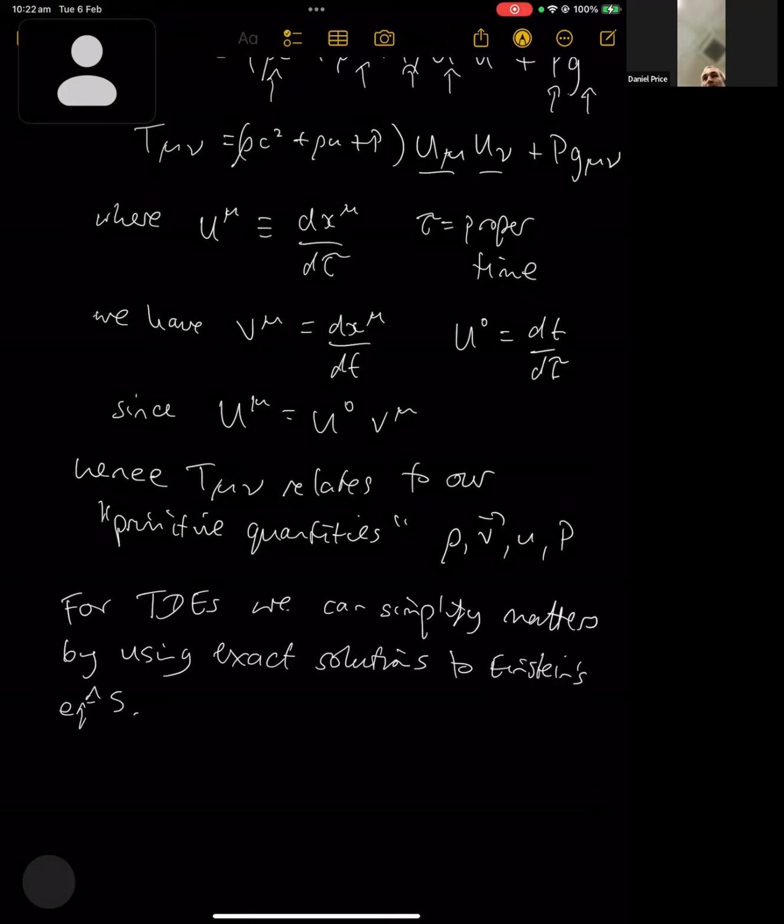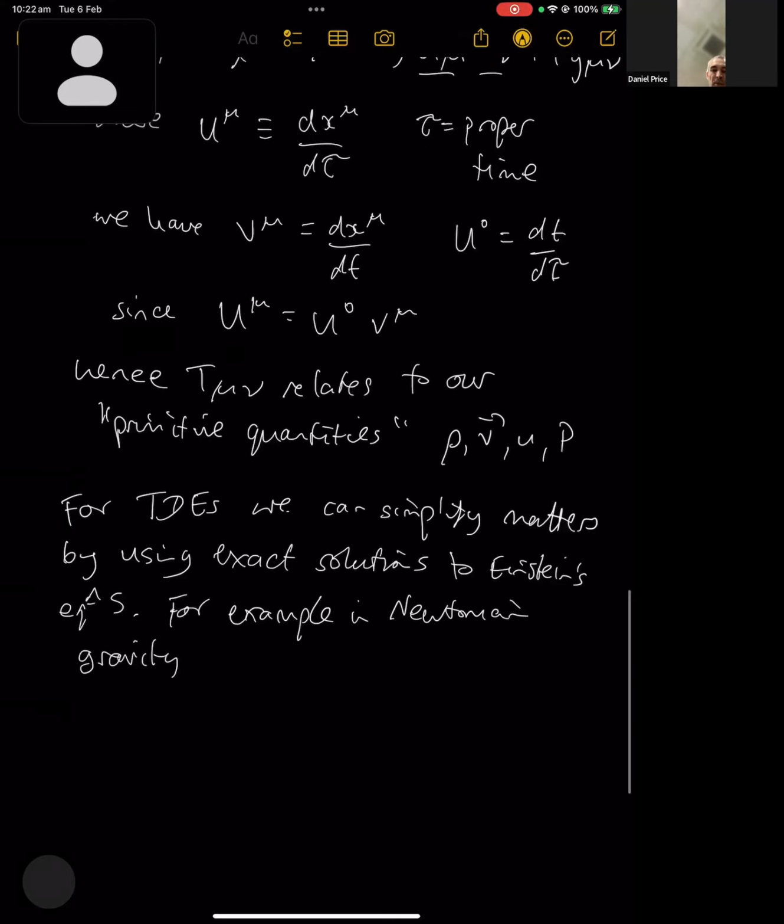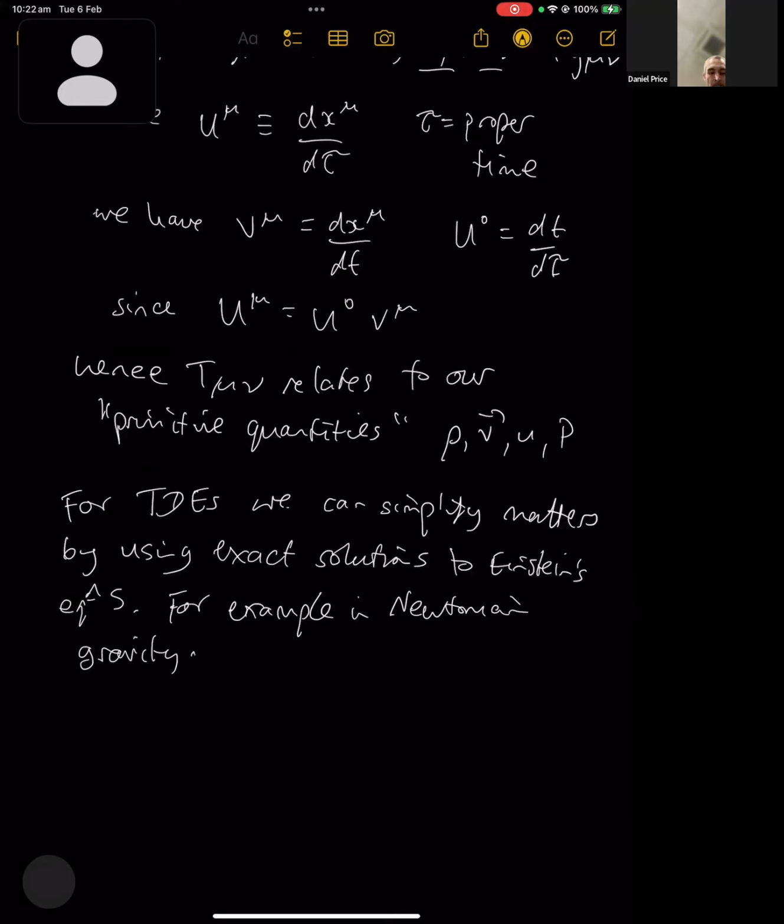What's the exact solution we have in mind? So hopefully a few of you should already know this. So for example, what would a point mass in Newtonian gravity give you as a gravitational potential? I'll leave you to think about it for 2 seconds. So we don't have to solve Poisson's equation in this case.